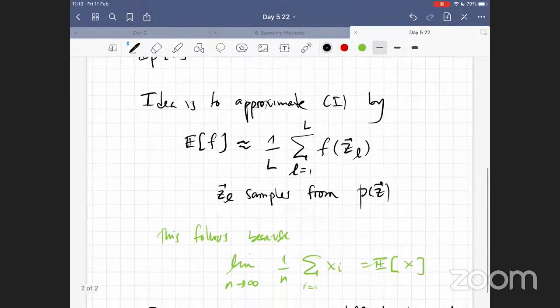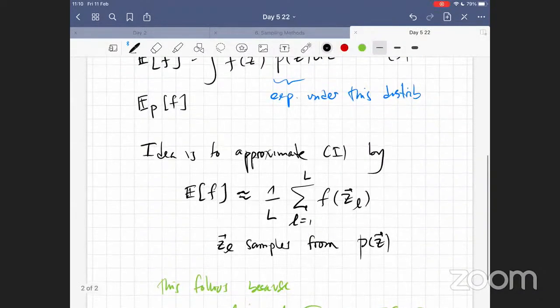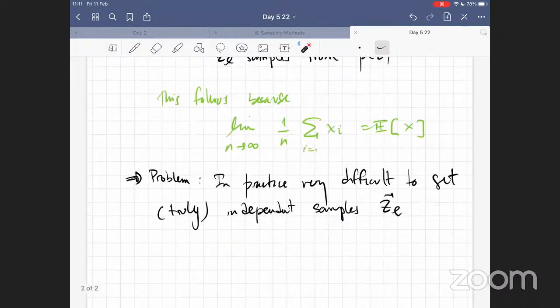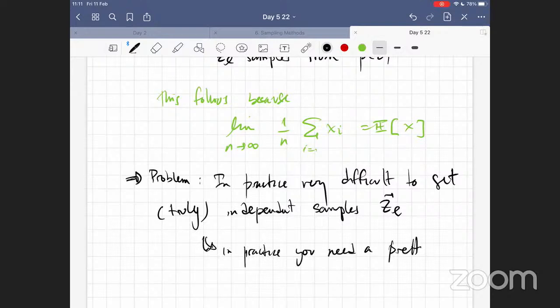The procedures that we are talking about for getting this set of samples ZL tend to have some correlation between the samples, like they will in general depend on the others, and this is a problem because it implies that in practice you need a pretty large number of samples.